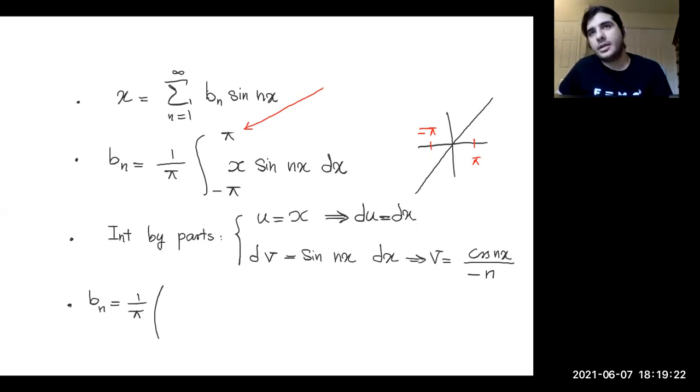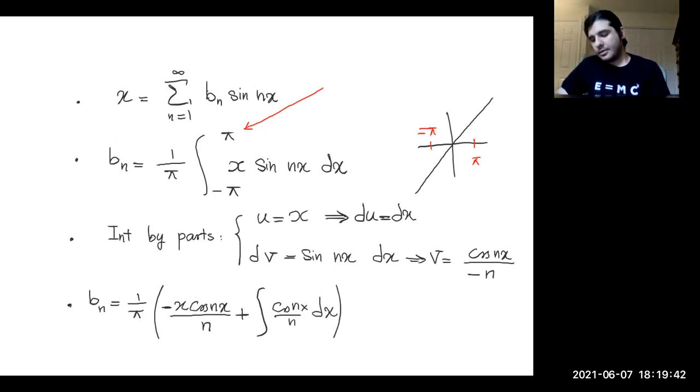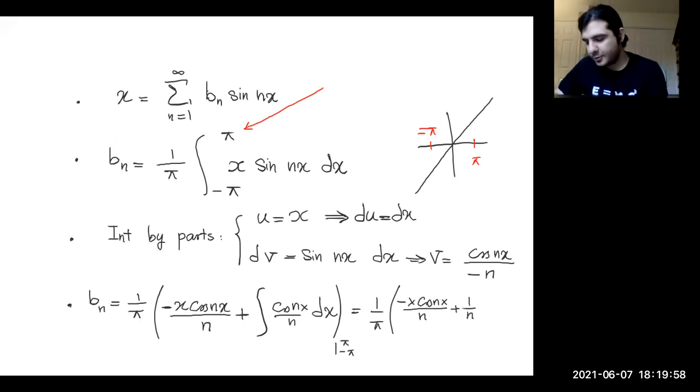So uv here would be minus x cosine of nx over n, minus the integral of v du, which would be plus cosine nx over n dx, from minus pi to pi, which is equal to 1 over pi times minus x cosine nx over n plus 1 over n, and the integral of cosine of nx would be sine of nx over n, again from minus pi to pi.